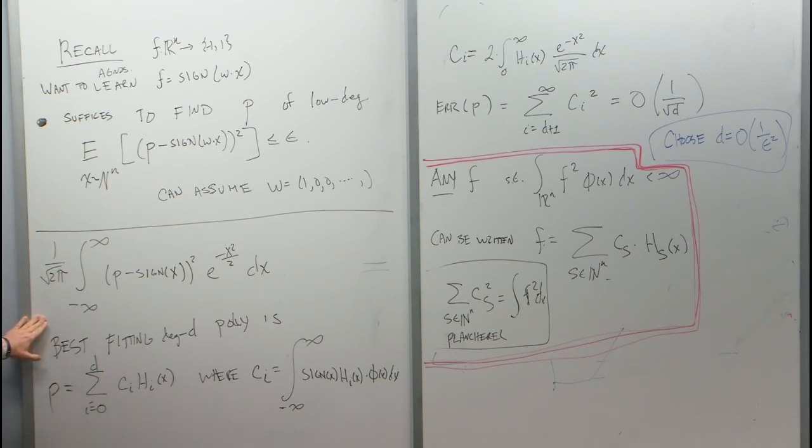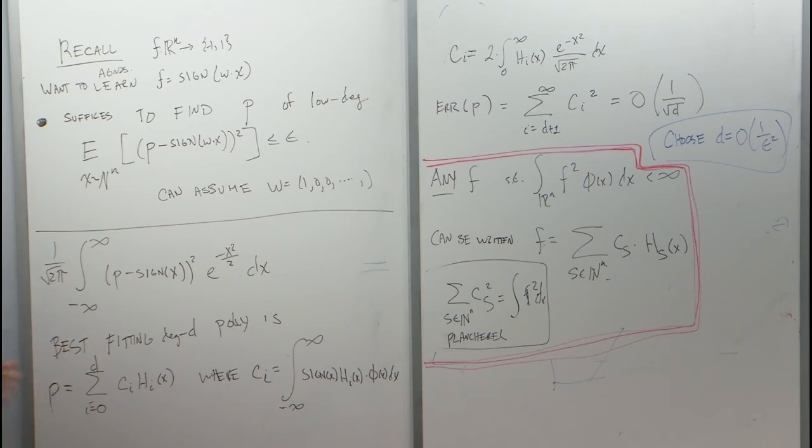This may look slightly intimidating, but we talked about how once you have an orthogonal family of polynomials with respect to some distribution, then it makes sense to talk about the Fourier polynomial with respect to that orthogonal family.